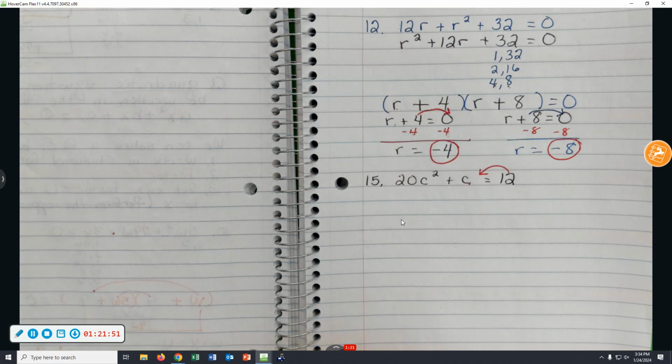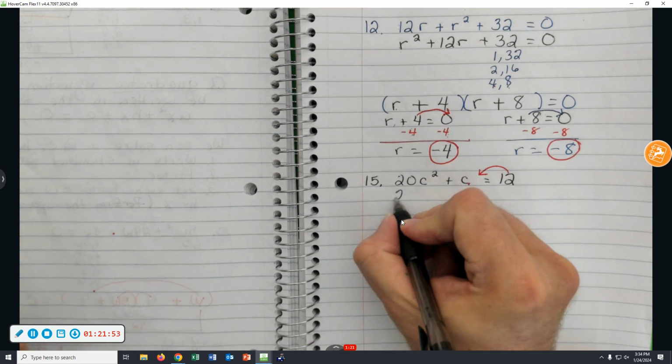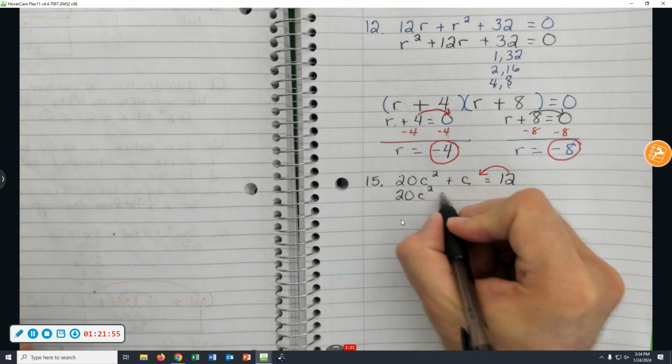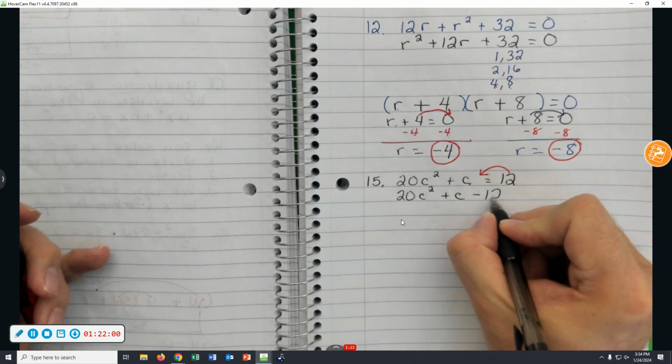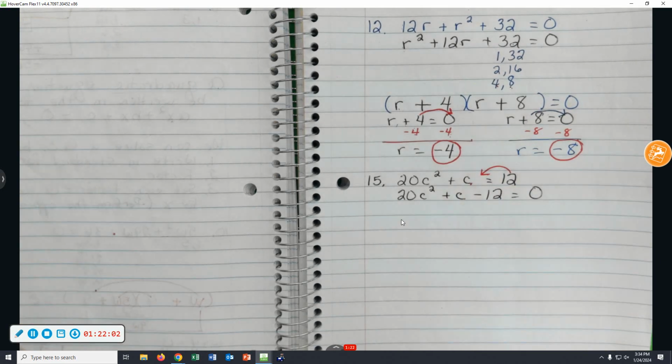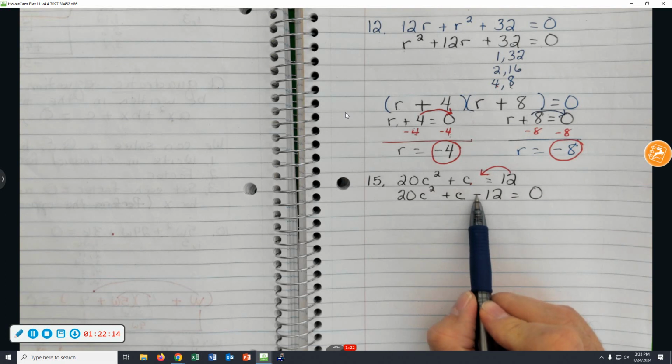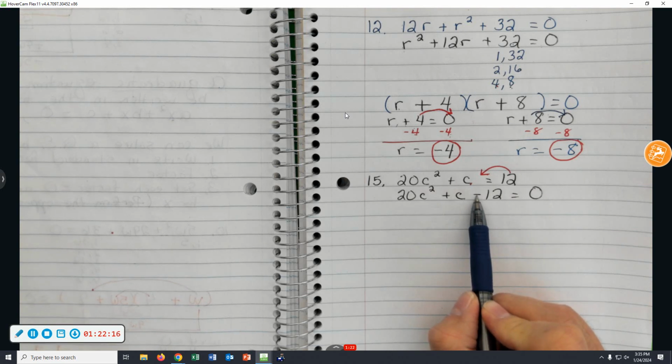So here's what we're going to try to factor: 20c squared plus c minus 12 equals 0. Are y'all caught up with me? What about the signs? The second sign is minus, so one of each, a plus and a minus.